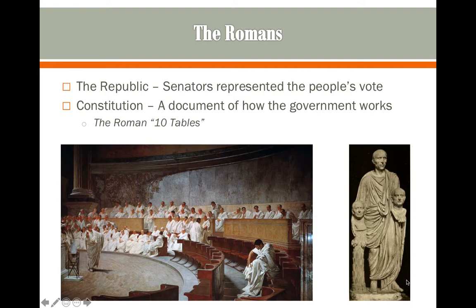Now, this republic is not just a system of representatives, but it's also having a constitution. And that's actually the most important part of the republic, is a document that shows how the government works. In Roman times, it was called the Ten Tables. And so this document is what provides maximum freedom.